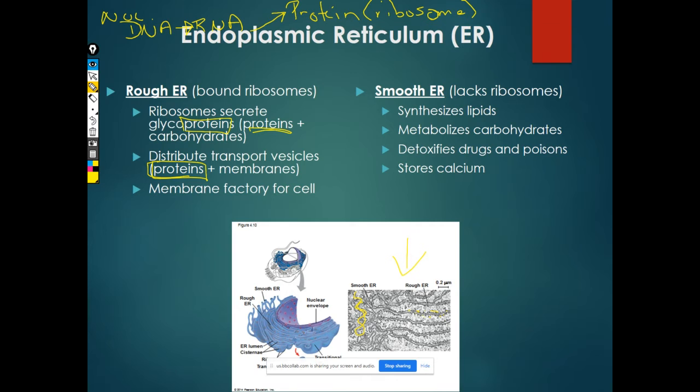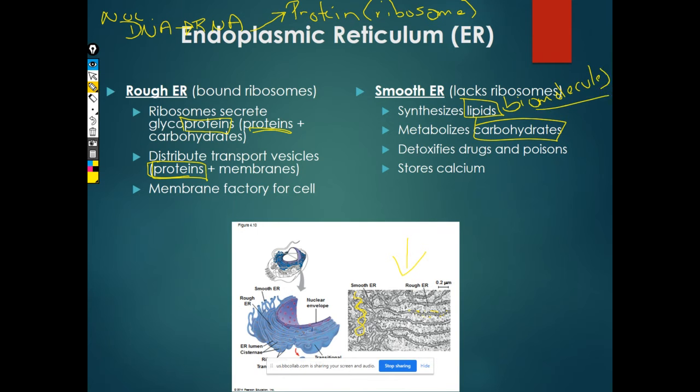But our smooth ER is all membrane, no bumps, right? So our smooth ER, which is lacking ribosomes, still makes primarily biomolecules. This looks a lot familiar, doesn't it? Well, that's not how you spell biomolecules at all, is it? Let's try that again. Bio.